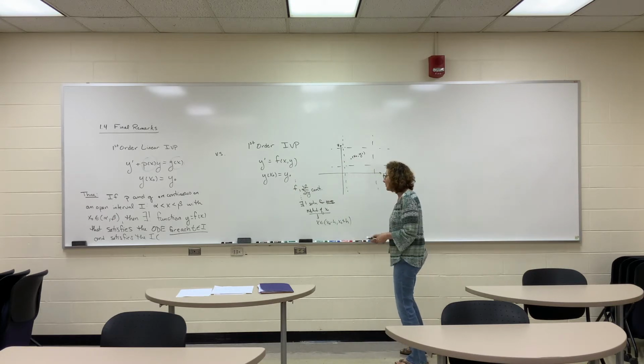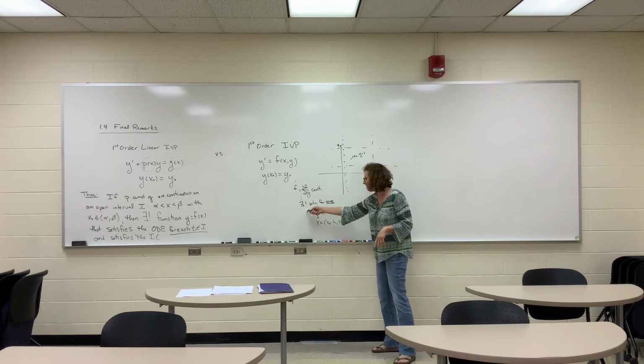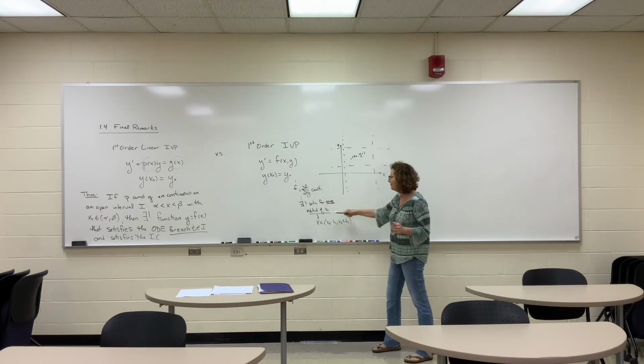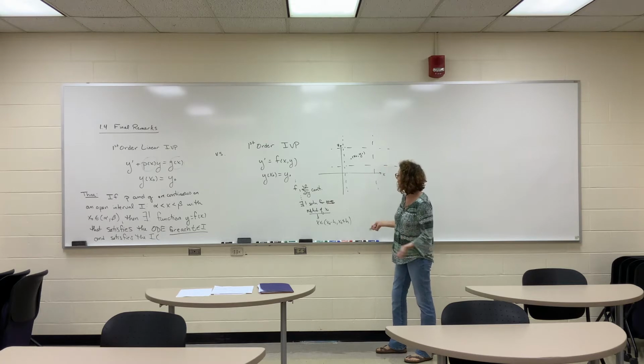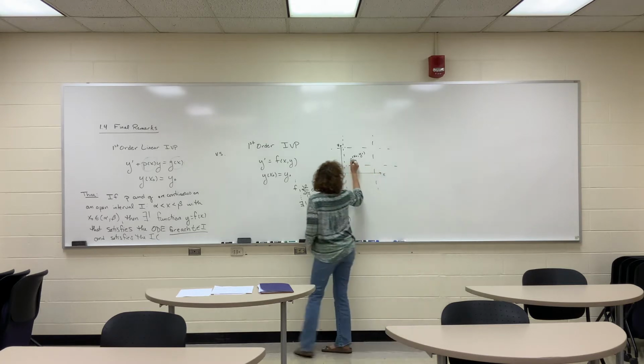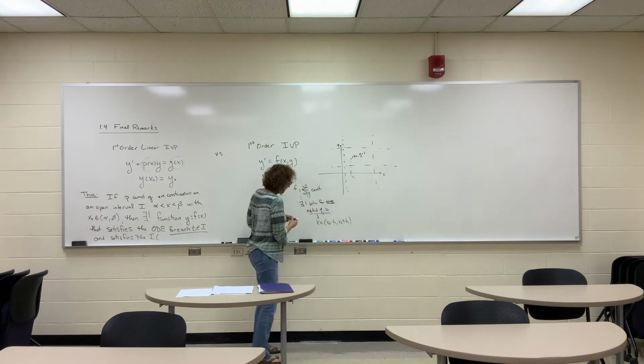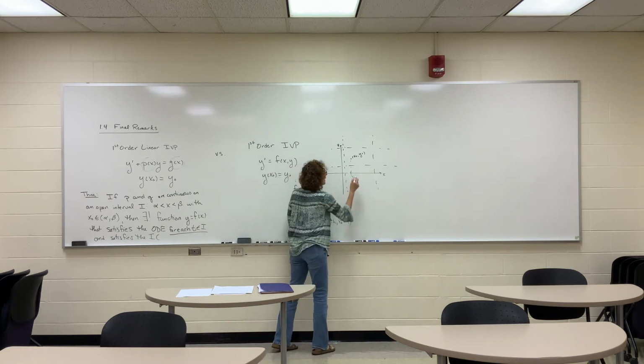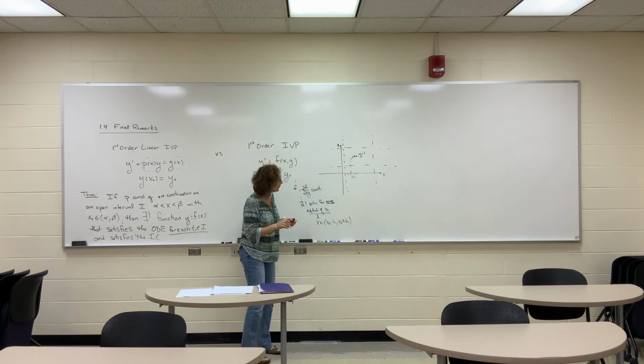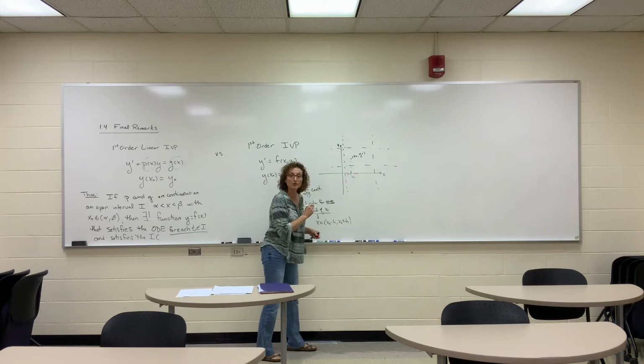But then what else are you guaranteed? You're only guaranteed existence of a unique solution for some neighborhood of x naught. So again, remember, here's x naught. You don't know how far to the right and to the left you can go from x naught and still have a unique solution.